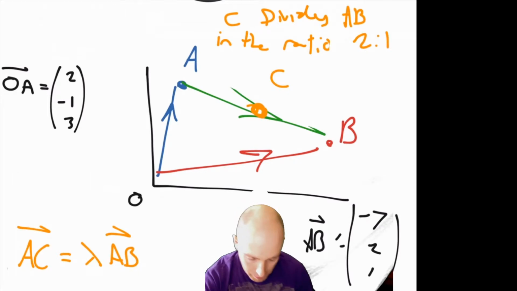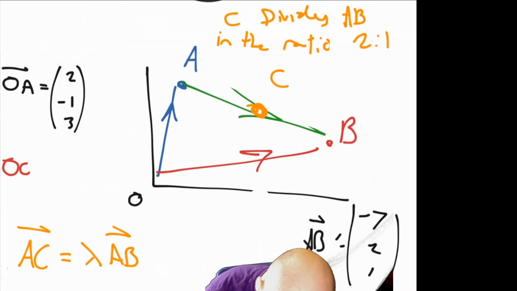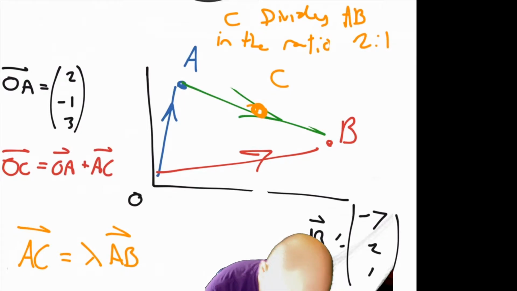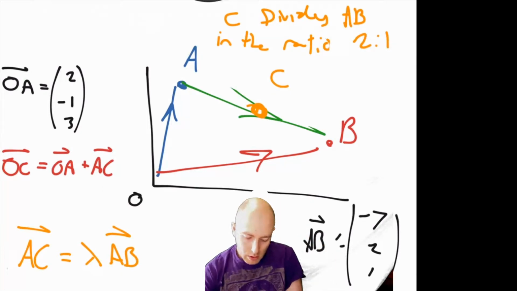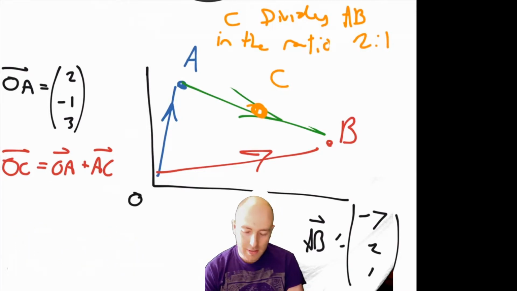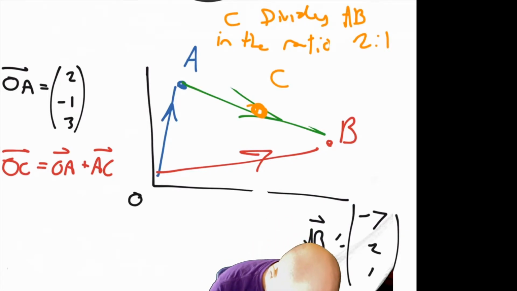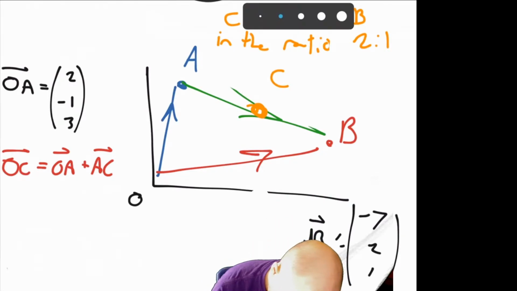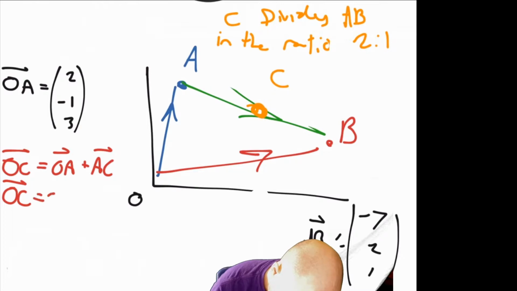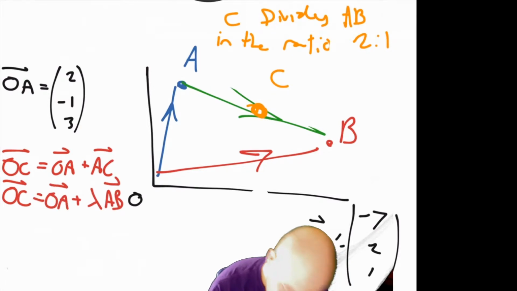So OB is gone. If I want to find OC, we're going to go OA plus AC. So I always like to write out my vectors as kind of basic as possible and then layer them up each line. So OC is OA plus AC. OC is OA plus lambda AB.